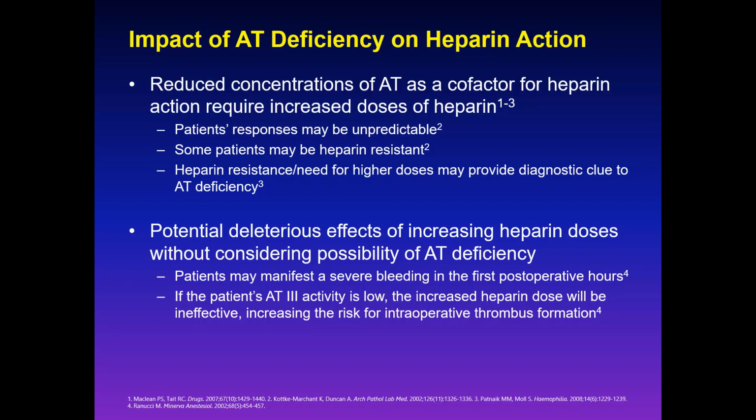That really doesn't hold true, and the real recognition of heparin resistance has to be personalized for each patient. So increasing heparin without considering the possibility of antithrombin deficiency may lead to hemorrhagic or thrombotic complications in the patient.